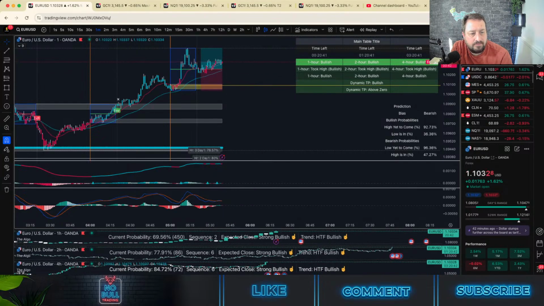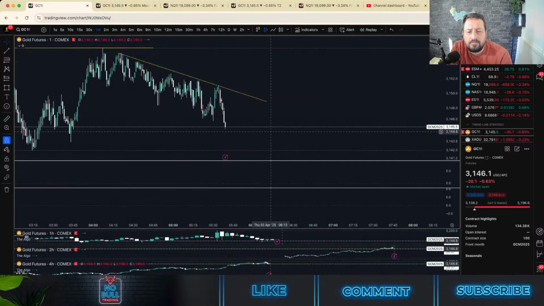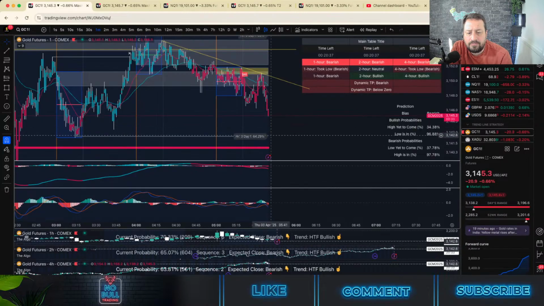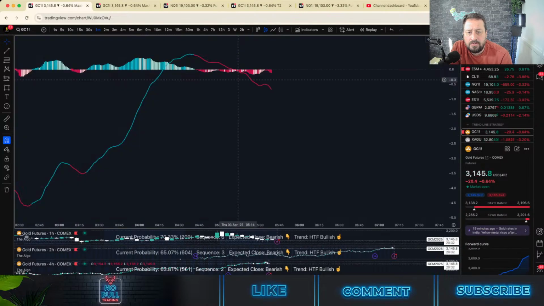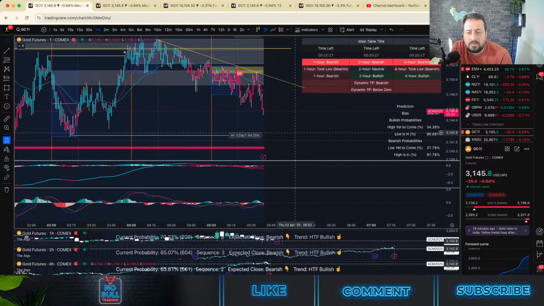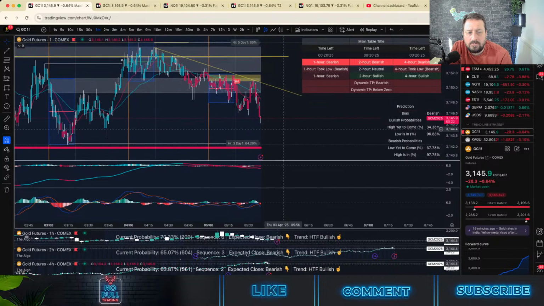Just going to keep on moving. Nice drop on gold. Came back under. Use that. 4 hour. 20 minutes left of the 4 hour. Gold was a beauty, it was. Nice.